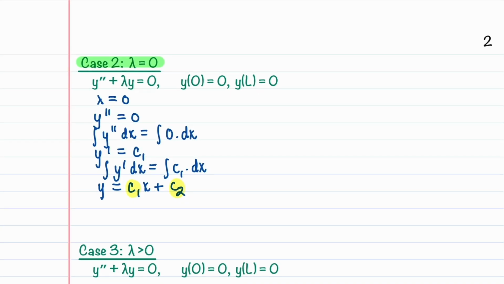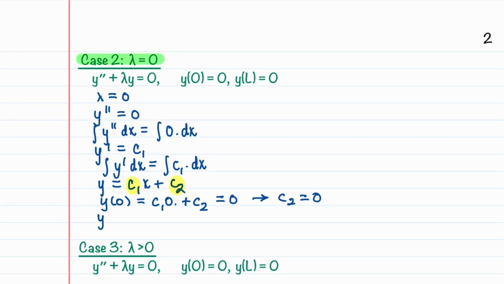We have y at 0 is equal to C1 times 0 plus C2, and that's equal to 0. So this tells us that C2 is equal to 0. So this gives us y is equal to C1 times x. Now we'll use our second boundary condition, which is y of L is equal to 0.